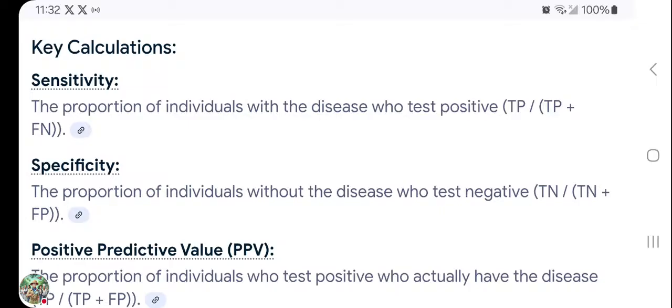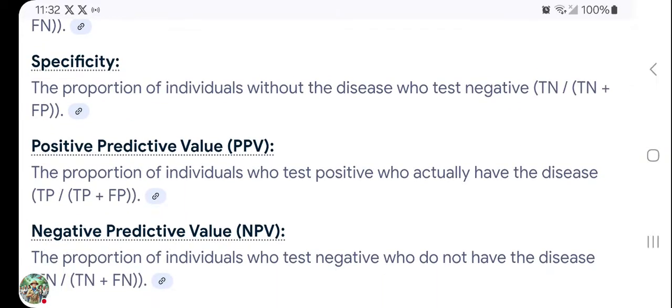Specificity is the second column: the proportion of individuals without disease who test negative. It equals true negative over true negative plus false positive, which is cell number 4 over cell number 4 plus cell number 2.